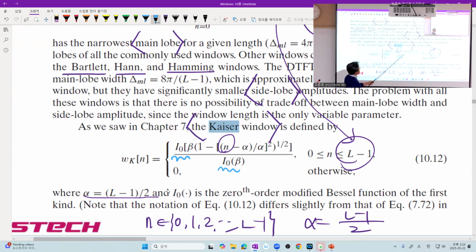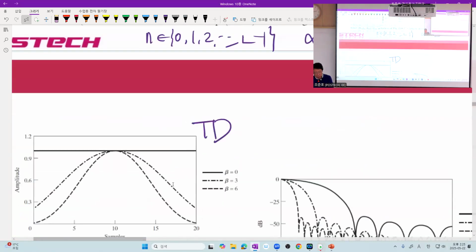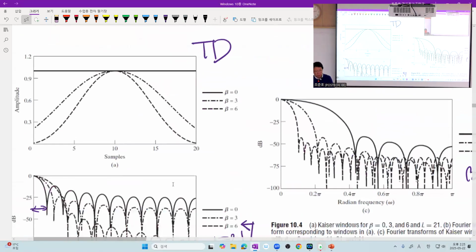But I still remember that you need to have alpha. Anyway, in this form, you have two parameters, alpha and beta, to choose. But alpha is fixed as this one. So you have only one parameter given the value of L. Got it? So L is given, your choice is just beta. And beta may be some positive number, and here go different choices. So when beta equals 0, you can show that the window is just a rectangular window.